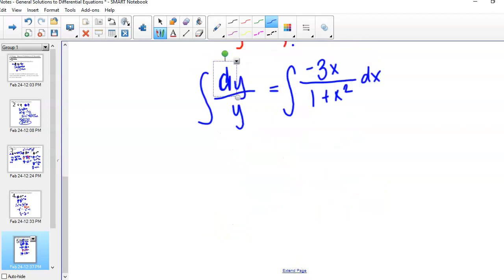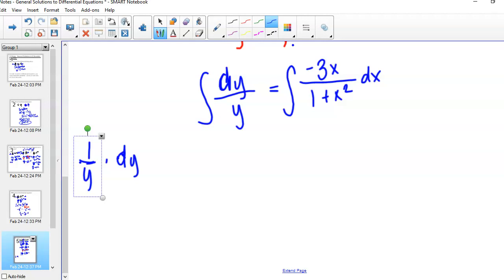Now, whenever I look at the left-hand side, it's very simple. We may have forgotten this rule, but whenever we integrate dy over y, or we could think of that as 1 over y times the dy, we're going to get natural log of y.